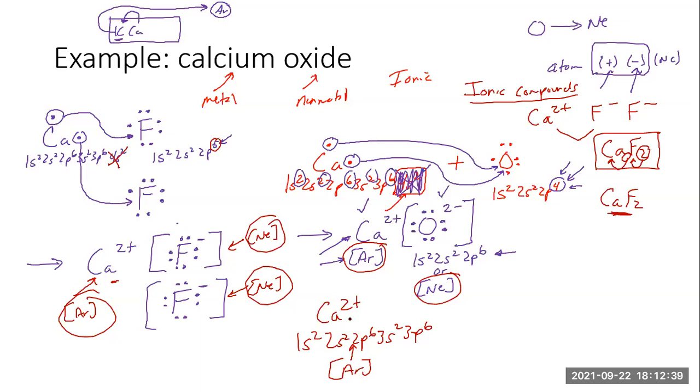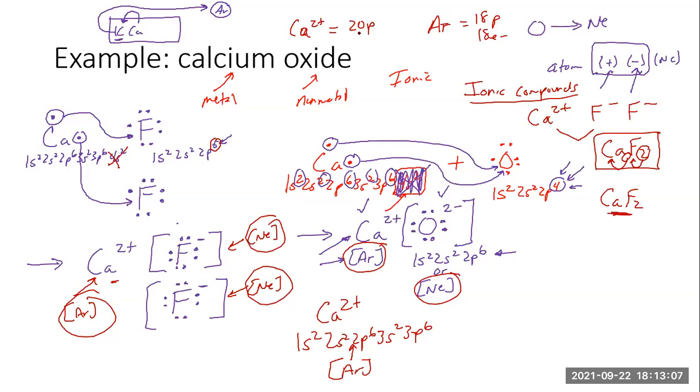It's not the same thing, though. If we look at just argon by itself, it has 18 protons and 18 electrons, and that's argon. If we look at calcium with a +2 charge, it still has to have 20 protons because that's what makes it calcium.